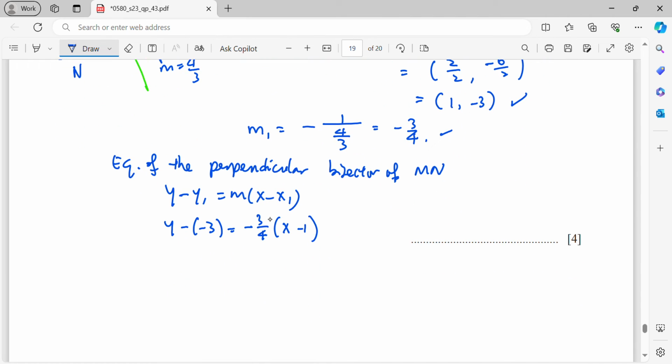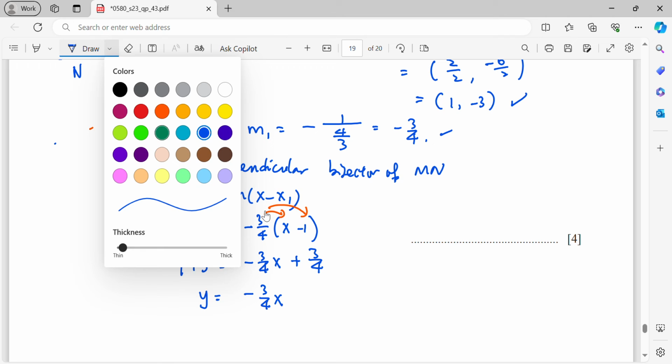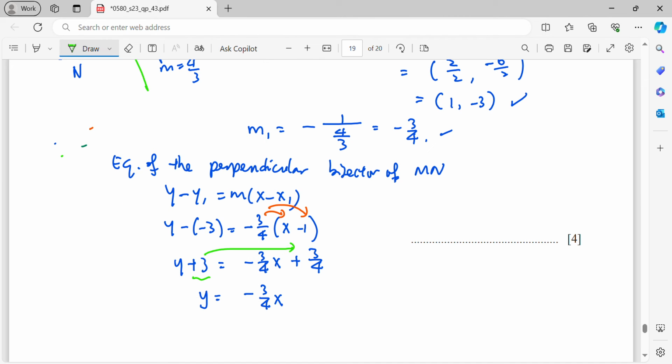From here, I get y plus 3 equals negative 3 over 4 times the bracket. Then I will get negative 3 over 4 x plus 3 over 4. Then my y is negative 3 over 4 x, and the plus 3 on the left side you move to the right side, where it becomes minus. So you will get plus 3 over 4 minus 3, which is y equals negative 3 over 4 x minus 9 over 4. So that is your answer.